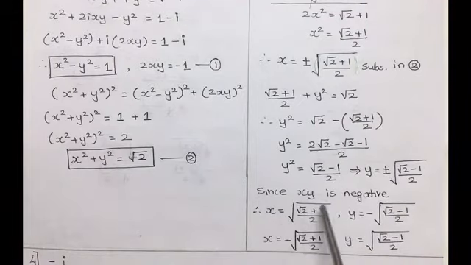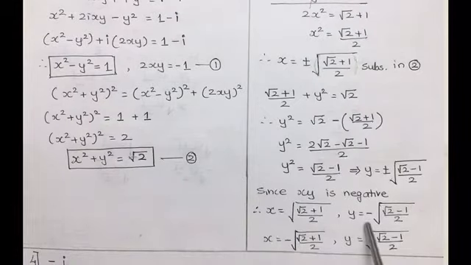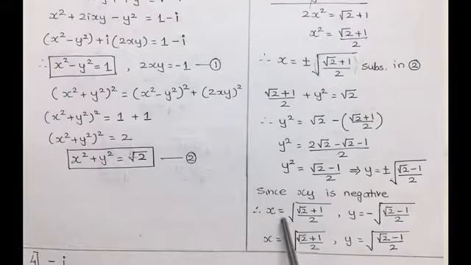Now since xy is negative, the combination of x and y will be in terms of positive and negative values. So when x is positive, y will be negative. When x is negative, y will be positive. Now keeping the value of x and y to calculate the square root, that final statement you need to write.